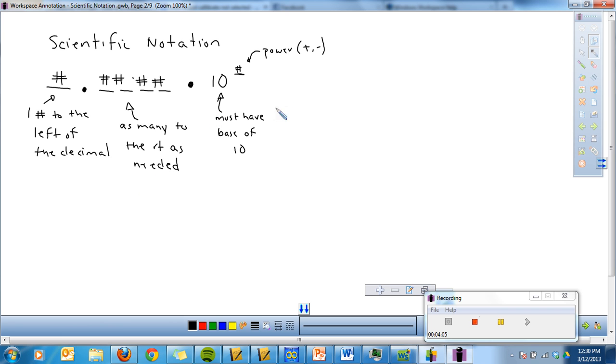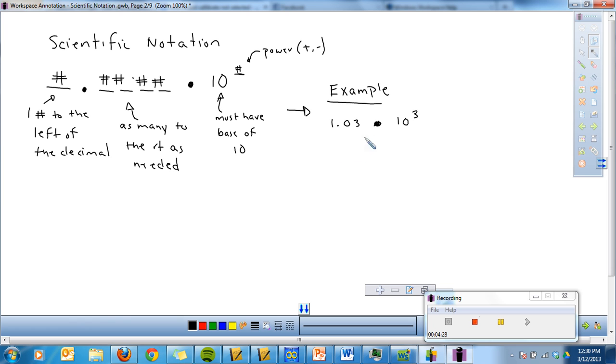So, for an example, here's an example for you. You could have 1.03 times, now I'm using an X, but we could also use a dot, so let's put a dot, 10 to the third. So does this fulfill the requirements? One number to the left? Yes.